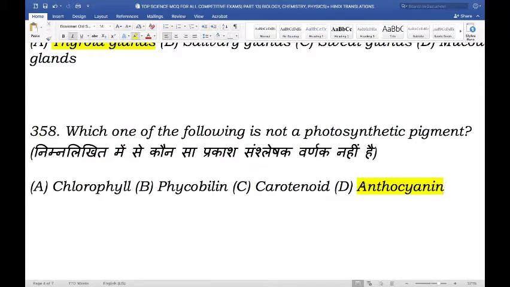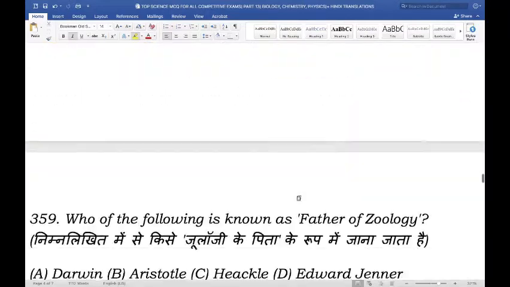Anthocyanin is responsible for the colors red, purple, and blue, which are present in fruits and vegetables, and it is not present in the chloroplast. Therefore, it is not a photosynthetic pigment, whereas the other three options are.